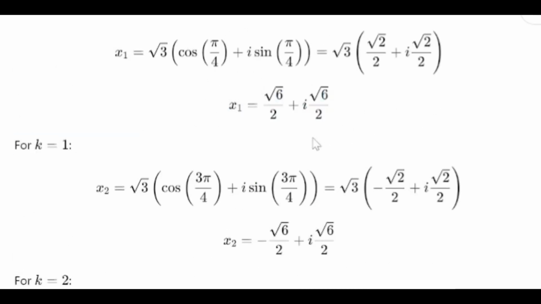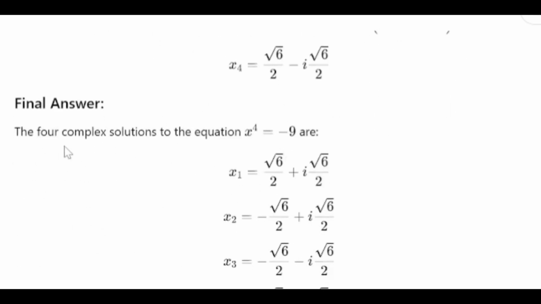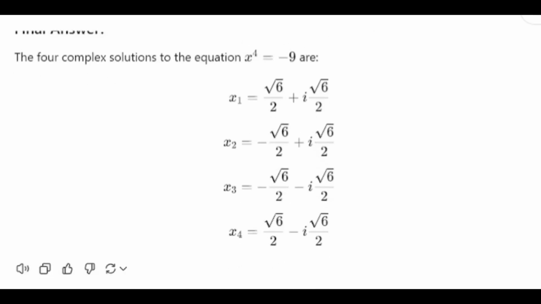Therefore, our final answer, the four complex solutions for this problem, x to the power of 4 equals minus 1: x1 is equal to square root of 6 divided by 2 plus i square root of 6 divided by 2, then x2 is equal to minus square root of 6 divided by 2 plus i square root of 6 divided by 2, and x3 is equal to minus square root of 6 divided by 2 minus i square root of 6 divided by 2, and x4 is equal to square root of 6 divided by 2 minus i square root of 6 divided by 2.